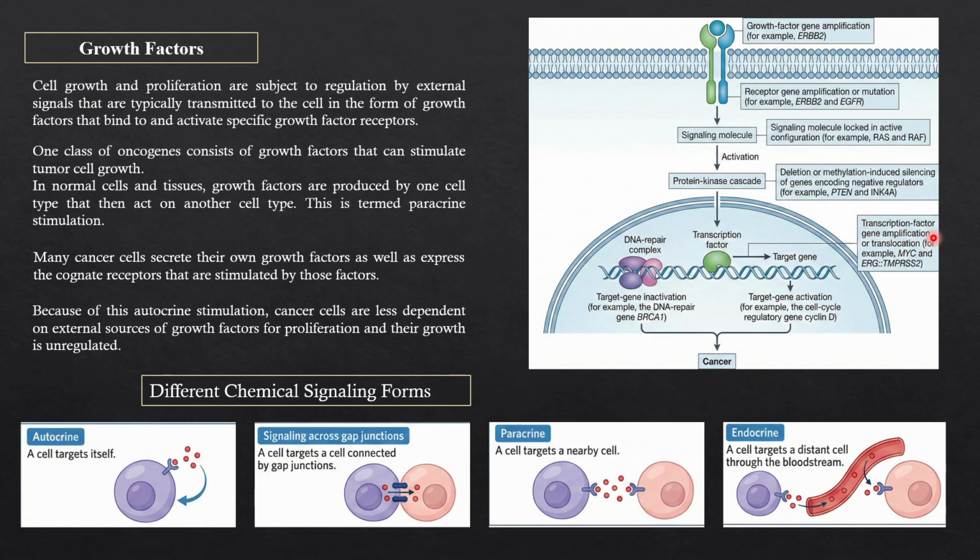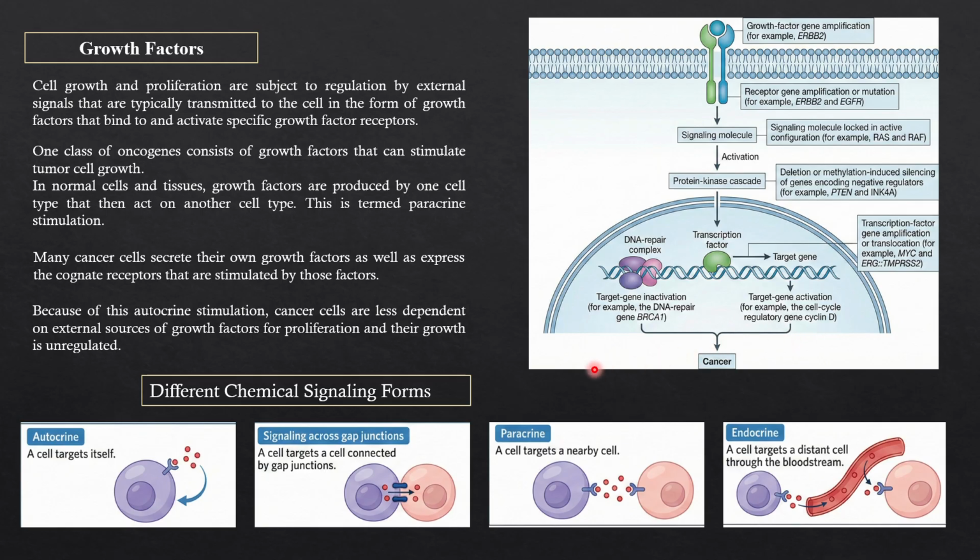Transcription factor amplification or translocation can take place, for example in MYC and ERG, and as a result target gene activation takes place, and target gene activation in cancer can lead to cancer. For example, the activation of a cell cycle regulatory gene like cyclin D can lead to cancer.